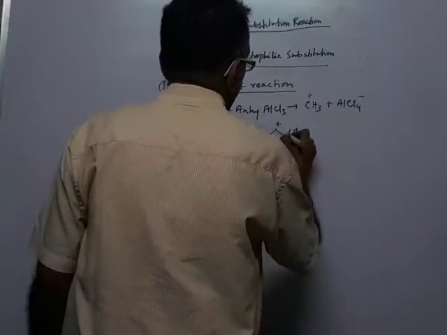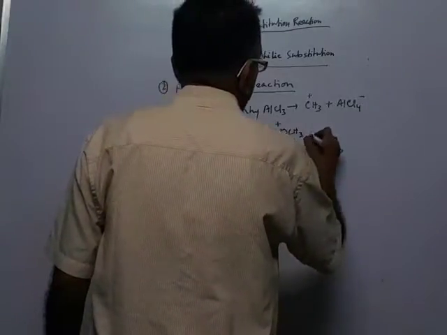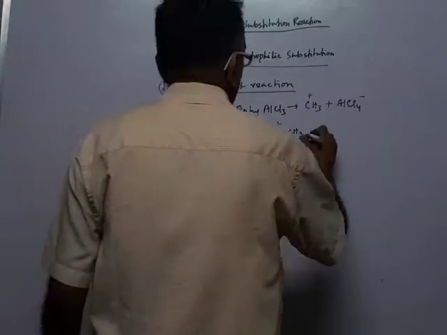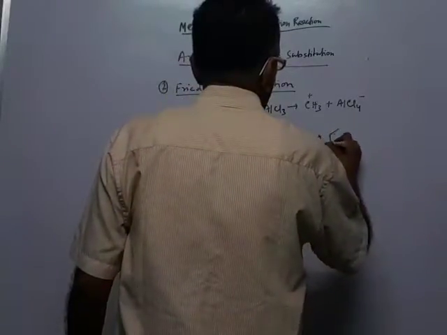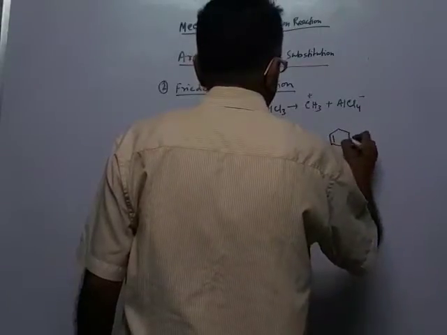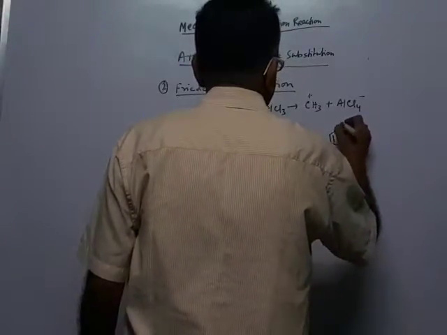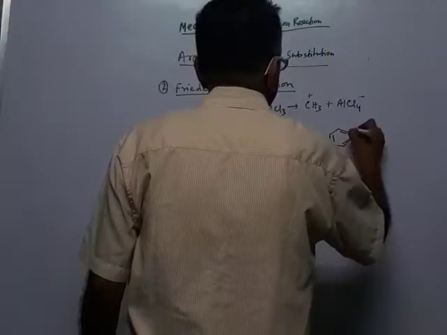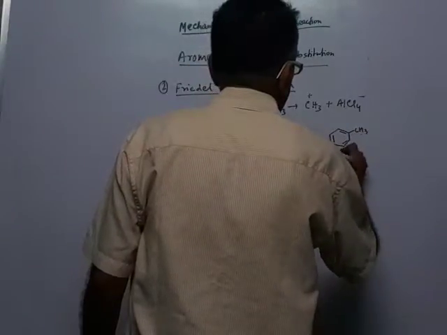And the next step is the elimination of this H plus, and we are getting this product. This is toluene.